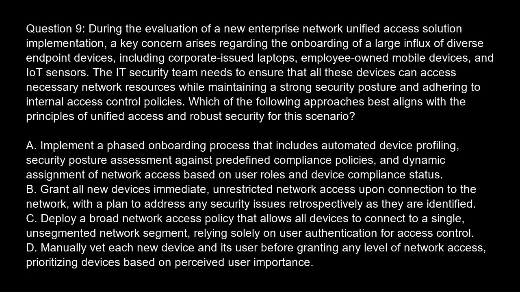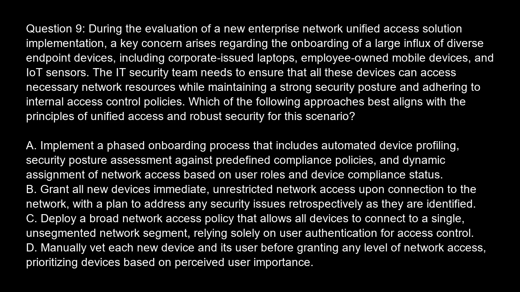Option A. Implement a phased onboarding process that includes automated device profiling, security posture assessment against predefined compliance policies, and dynamic assignment of network access based on user roles and device compliance status. Option B. Grant all new devices immediate, unrestricted network access upon connection to the network, with a plan to address any security issues retrospectively as they are identified.